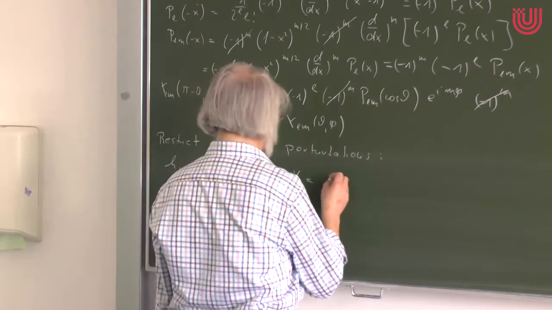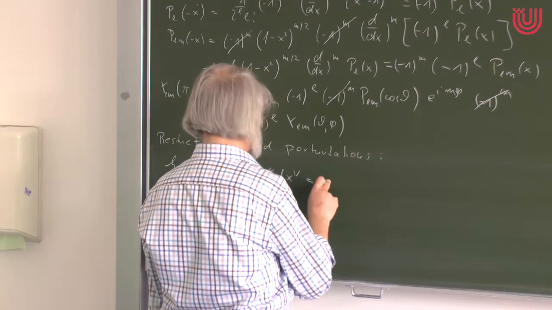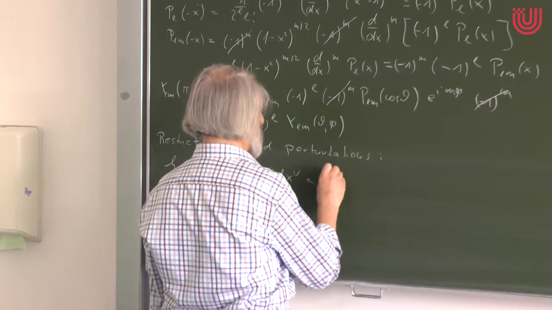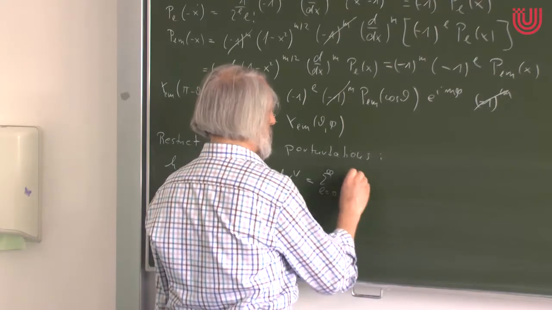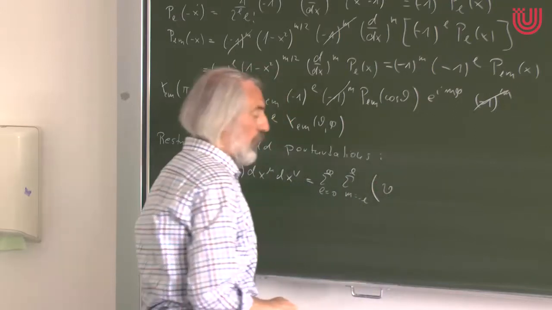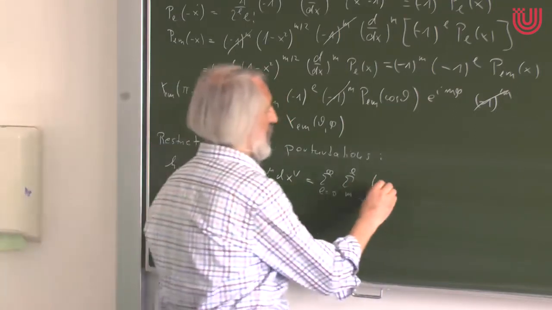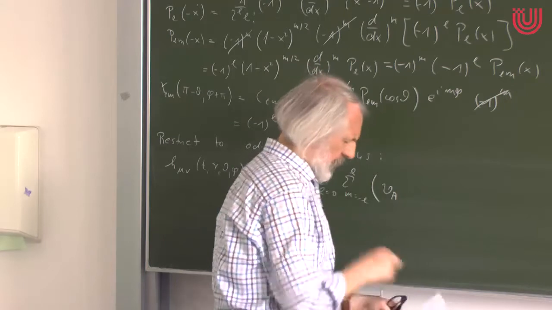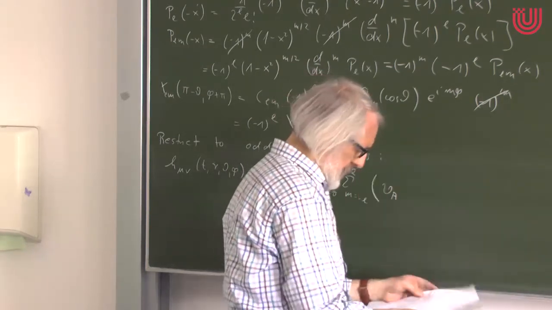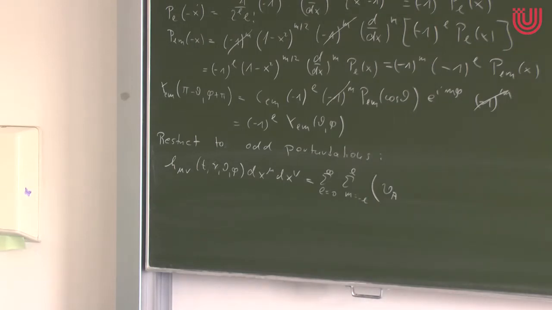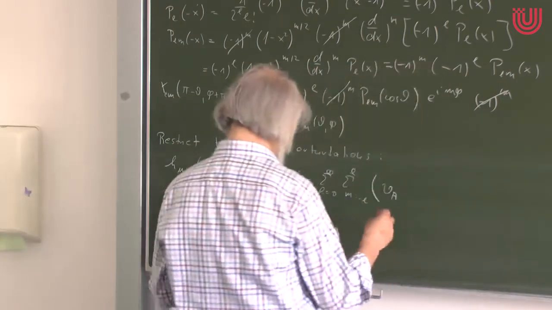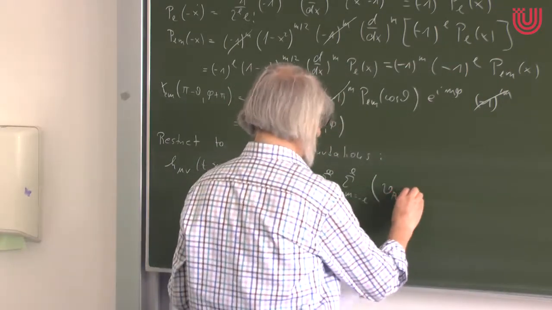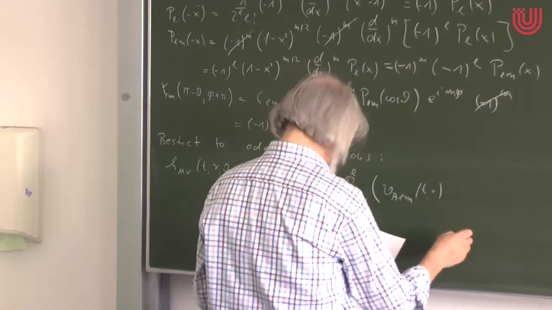The odd part of the vector part is the sum over L equals 0 to infinity, M equals minus L to L, of V, the V without a head, V A LM.